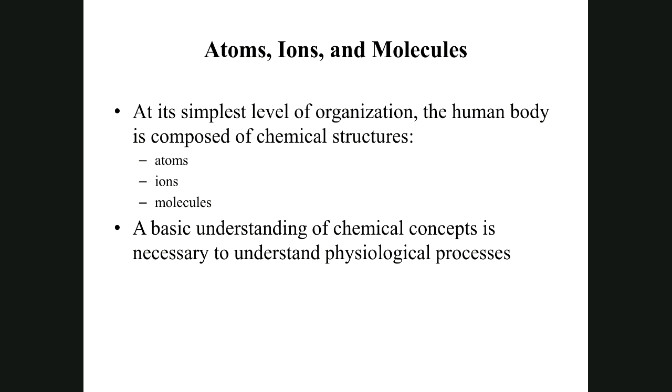Now, these ions that are mentioned are something a little bit different. These are positively or negatively charged atoms. So they're a specific type of atom, and we'll talk about those in just a minute. But again, the main thing we're going to focus on in this chapter are atoms and molecules. And in the process, we will talk about these ions.